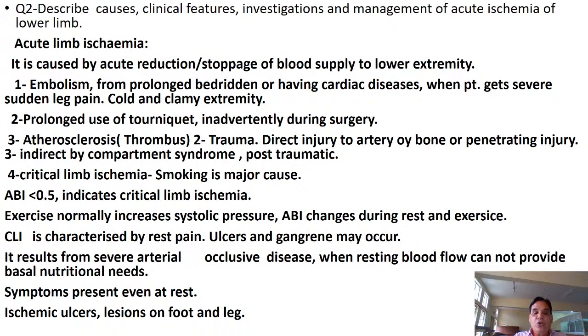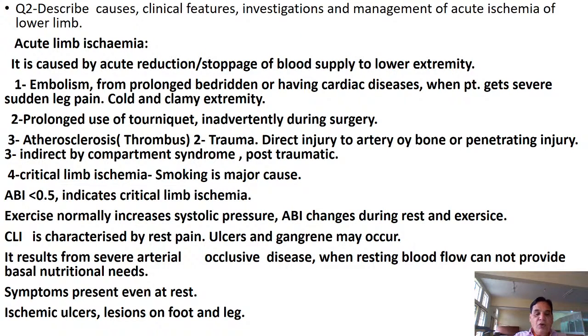Indirect trauma due to compartment syndrome, that is a post-traumatic compartment syndrome, can cause acute limb ischemia. And fourth is critical limb ischemia, where smoking is a major cause. So what indicates critical ischemia or acute going into critical? Ankle brachial index less than 0.5.